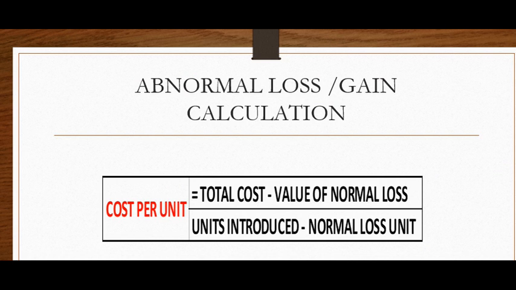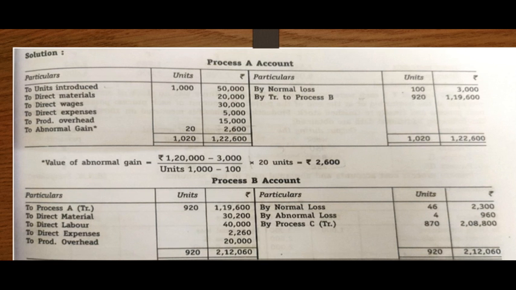So what is your total cost? 1,19,600 plus 30,200 plus 40,000 plus 2,260 plus 20,000 will give you 2,12,060. So this is your total cost.